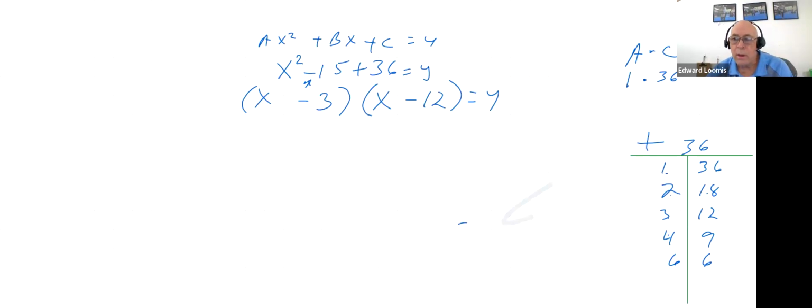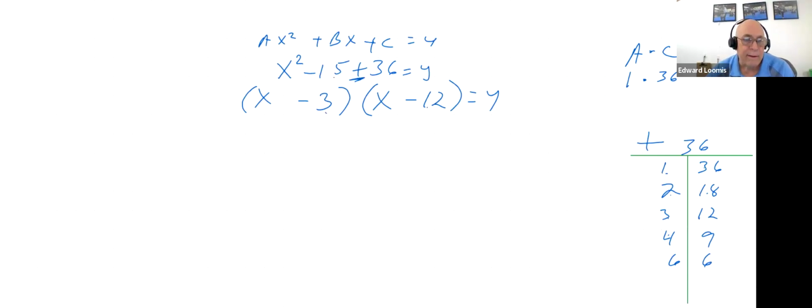What two numbers multiply to be 36, but when I combine them, either add or subtract, they turn out to be whatever B is. Well, -3 and -12. 3 times 12 is 36. Negative times negative makes that 36 positive. 3 plus 12 is 15.